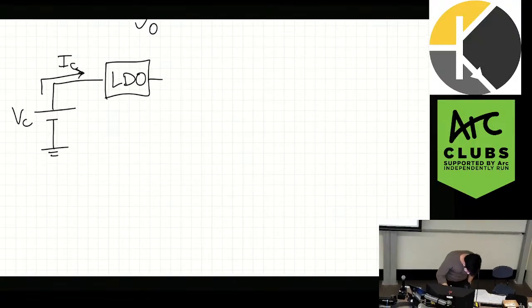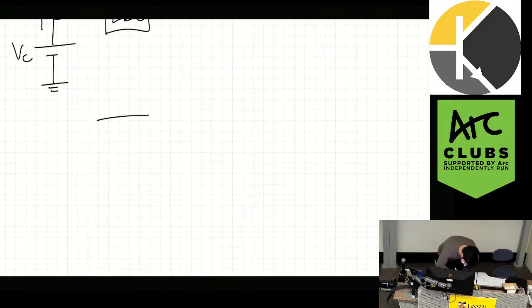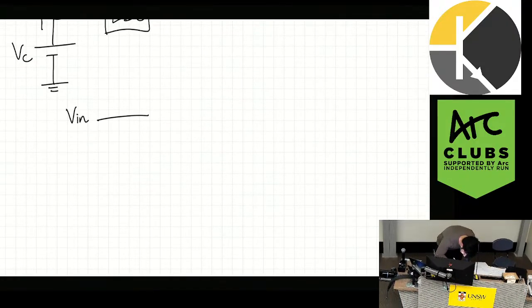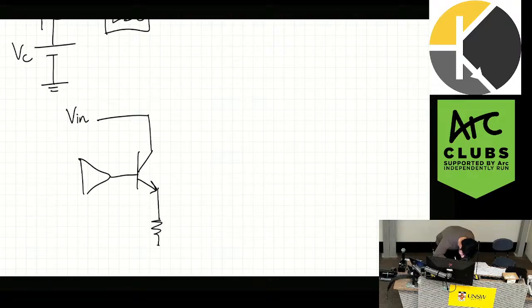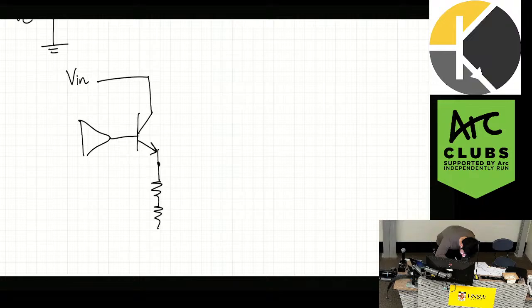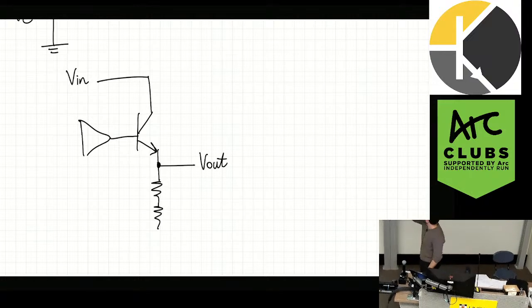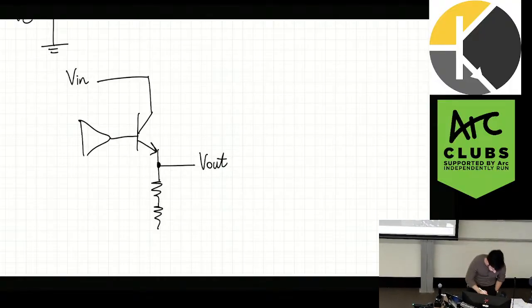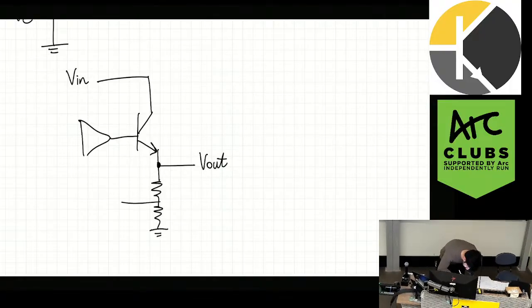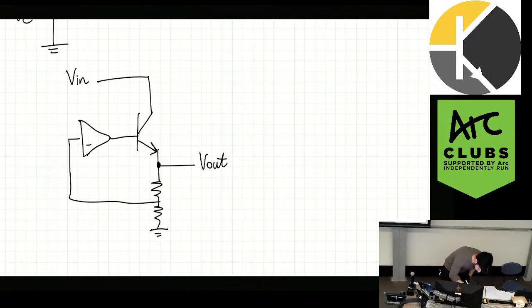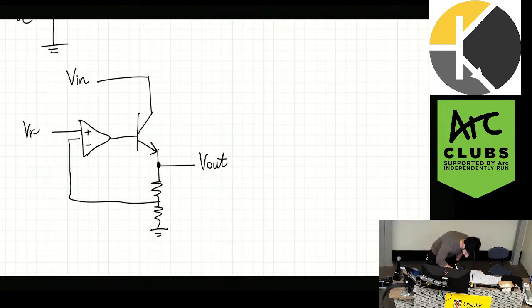Now an LDO looks like this. So Vin. I will explain in a second. So that's the output. Essentially we have an output and then we divide it down as a feedback voltage and we send it to a comparator, and we compare it with some reference voltage, Vref.